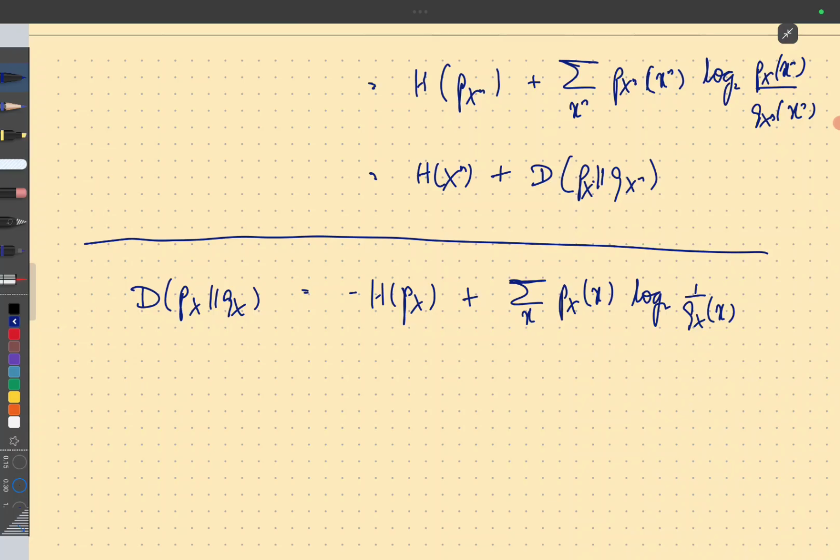All right. Let's look at this when Q(x) is a uniform distribution over the same alphabet.